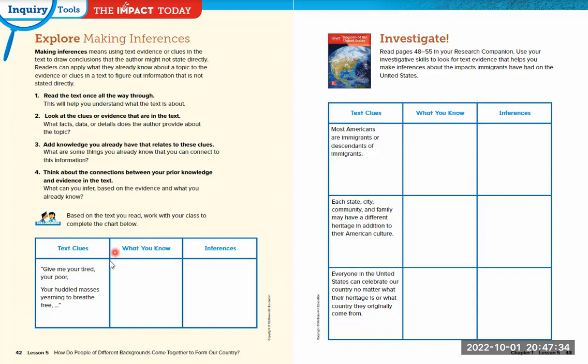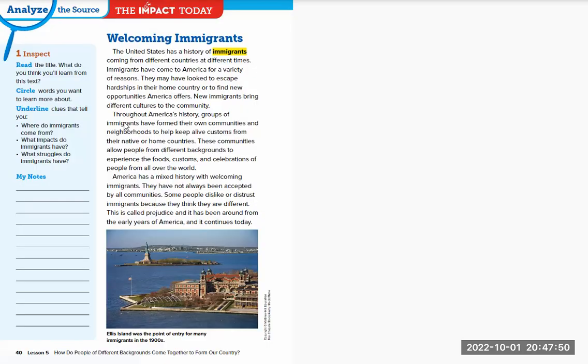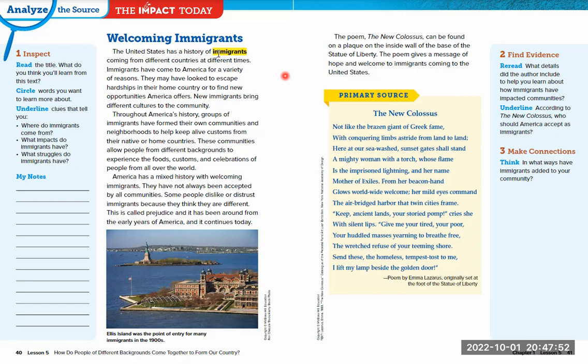What do you know about immigrants inside the United States? And then the last thing you're going to be doing is what can you infer from what you read about immigrants in the United States and what this means compared to the text? And we can definitely show our sources because we have information here talking about how America treated immigrants.